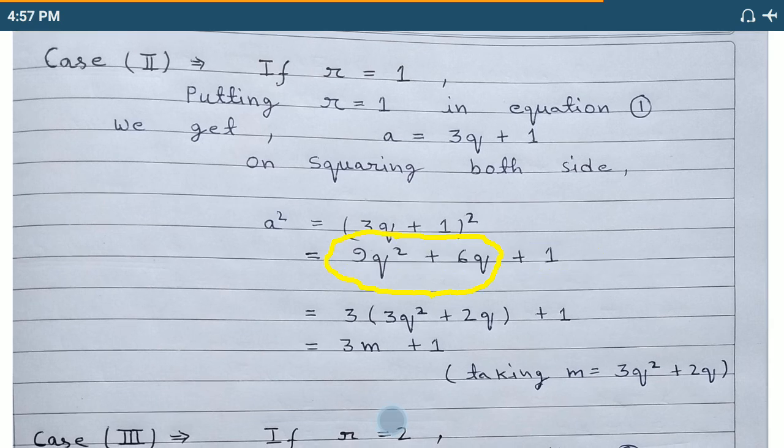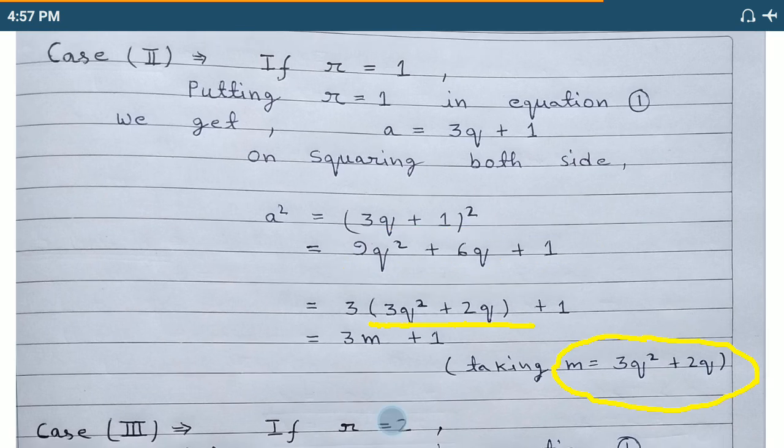Students, if I take the 3 as common from these two parts, that is 9q square plus 6q, we are left with 3q square plus 2q, and out of bracket also 1. Now we are going to take this whole portion as m. That means 3q square plus 2q is equal to m.